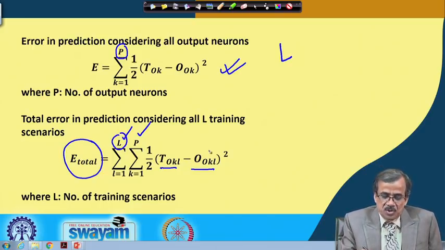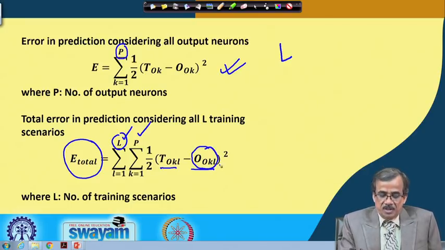Here, this term OOKL represents the output of the kth neuron lying on the output layer corresponding to the Lth training scenario.